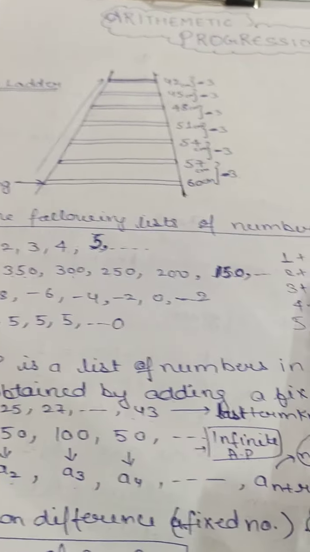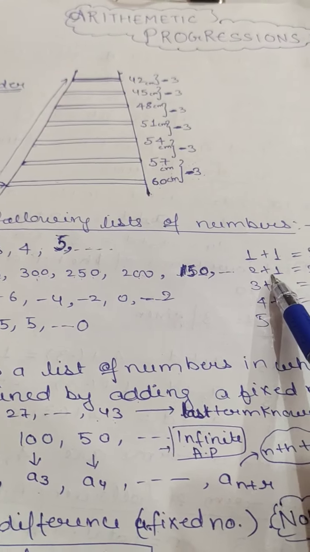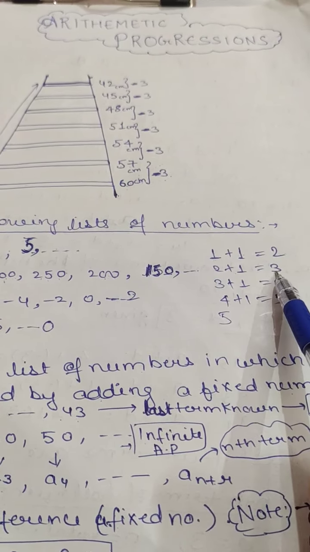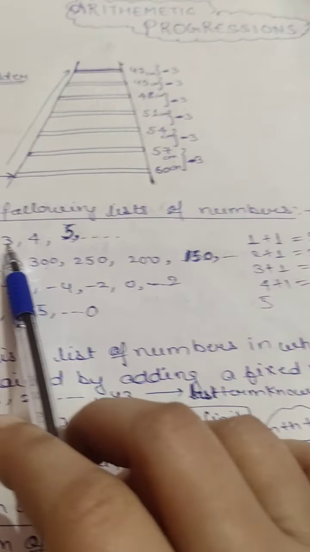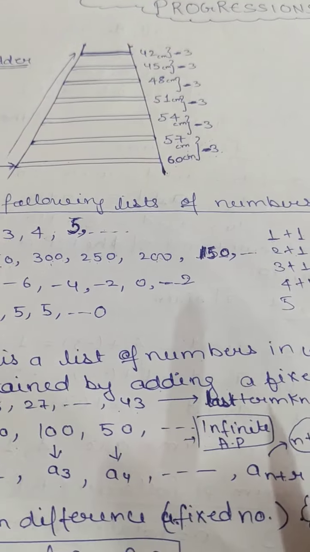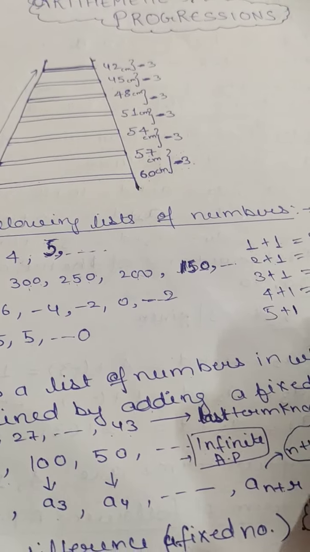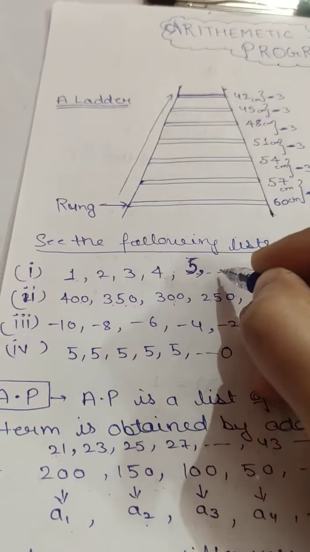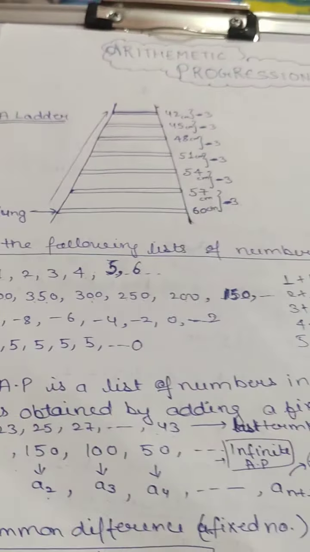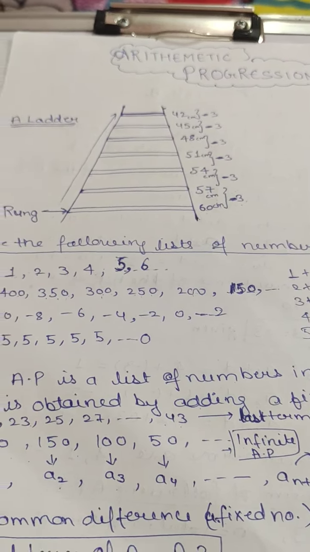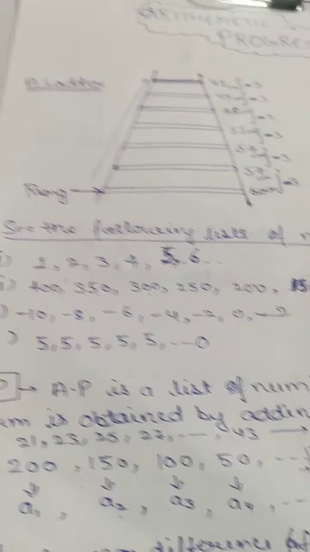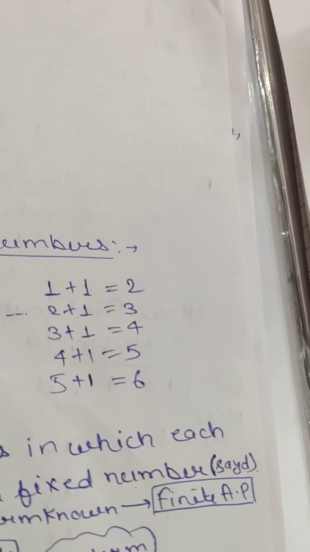And if we add 1 to the second term, we will get 3, which is the third term of this series. Similarly, if we add 1 to 5, we will get 6, which is our next term.